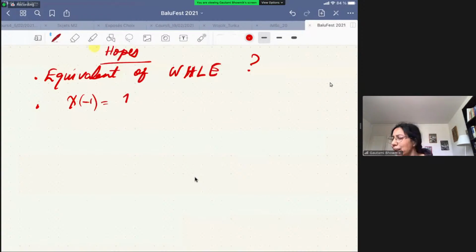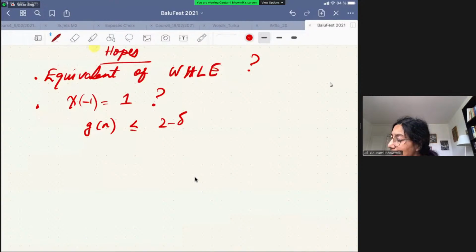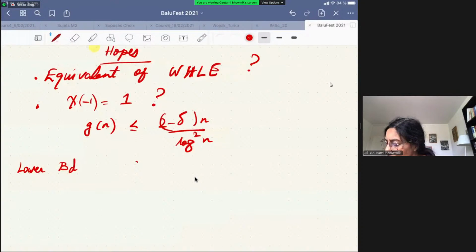Here I think that maybe if we take g of n to be less than or equal to 2 minus delta, instead of having delta times n over log squared n, then maybe we get a lower bound, which is delta, and an upper bound, which is 2 minus delta.